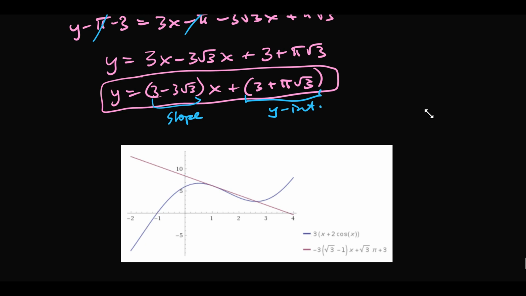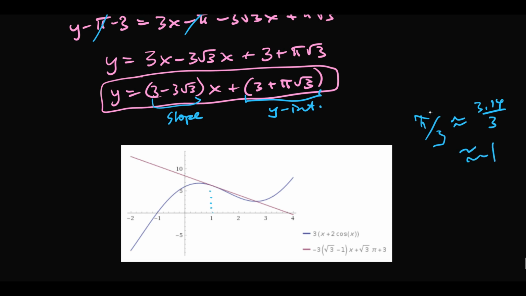And so we see that this is our pi over 3. Pi over 3 is similar to 3.14 over 3, so it's similar to 1.